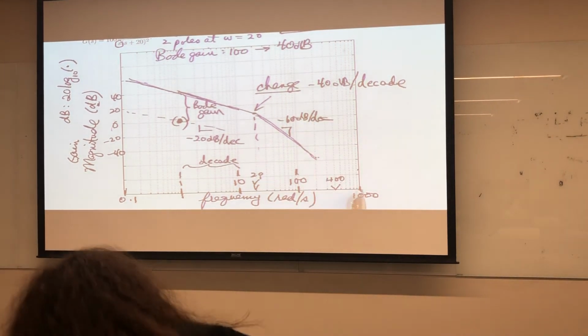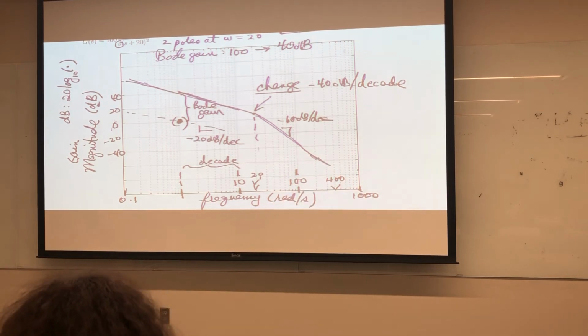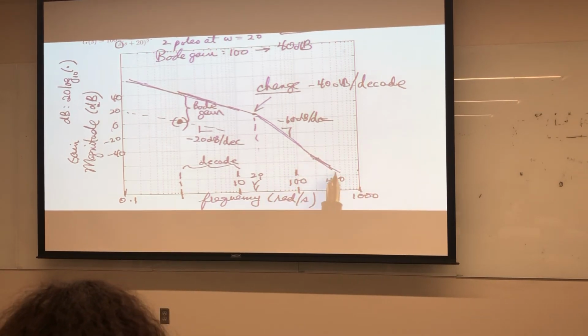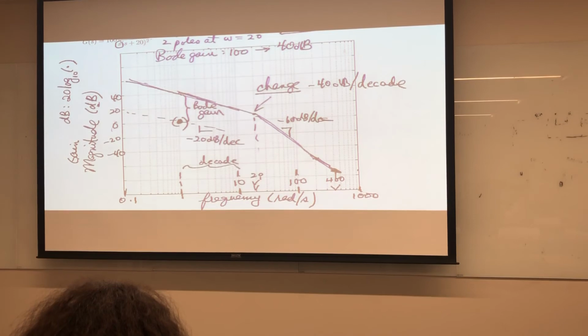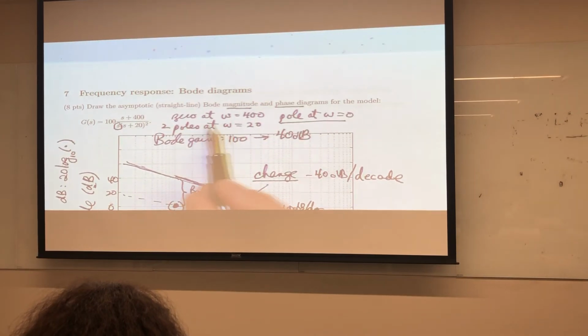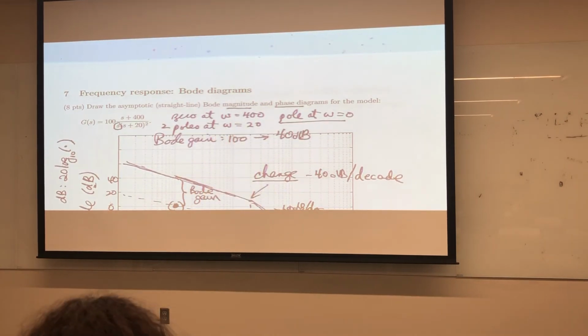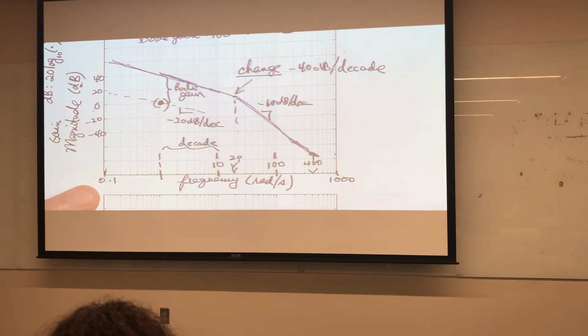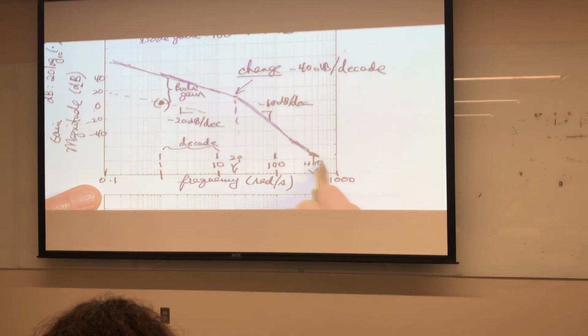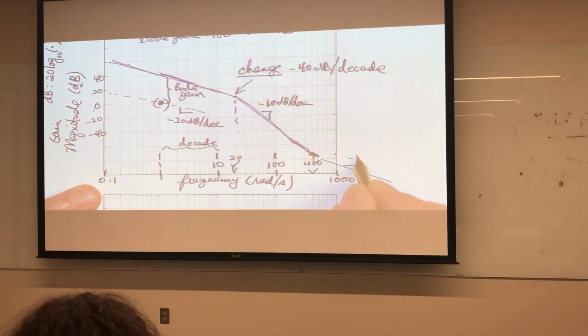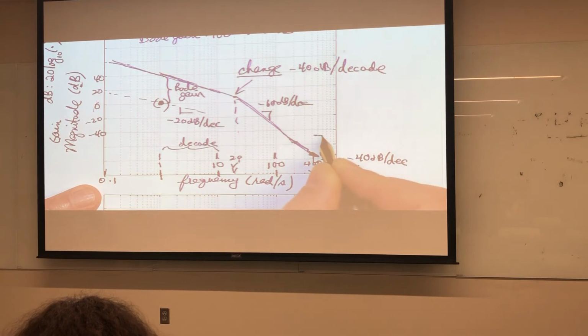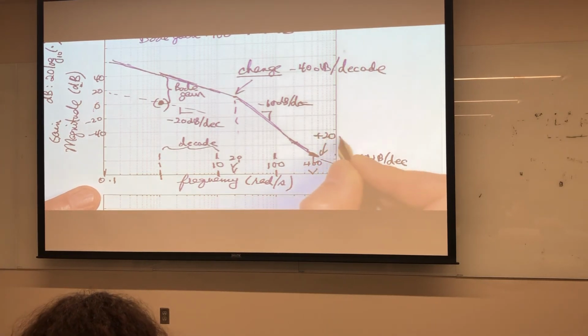And then we'll continue that line to the next corner, and that next corner is right down here at 400. And at 400, we'll take a look and see what happens is we have a single 0. And so the change is going to be a positive 20 dB per decade. And so the overall slope then is going to be negative 40 dB per decade. The change here is plus 20 dB per decade.